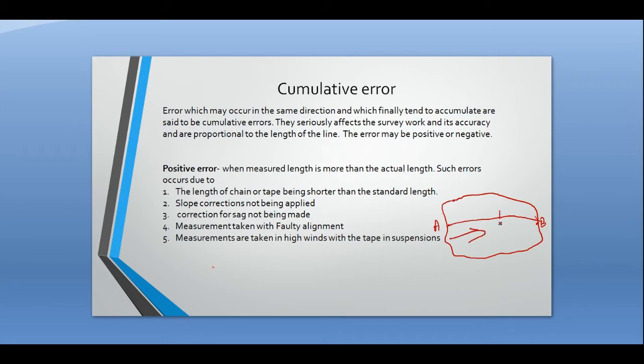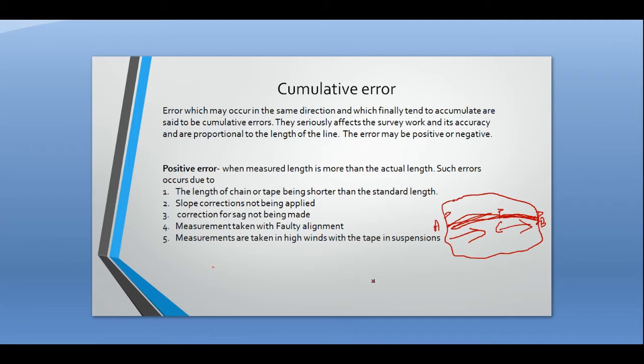Suppose we have taken this point C, and first we have measured the distance from A to C, and then we measure the distance from C to B. So we are working only in one direction, so there is a probability that the error from A to C can get accumulated from C to B. Okay, so when we work only in one direction, it is having an addition of errors.